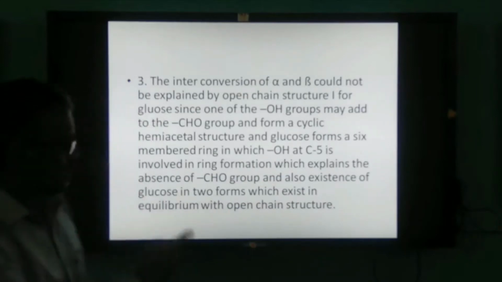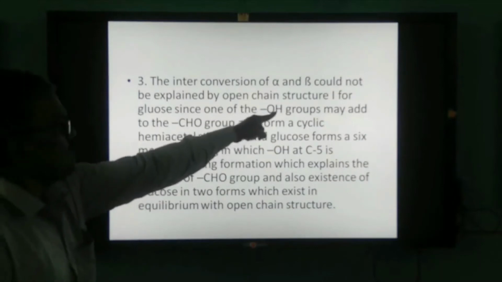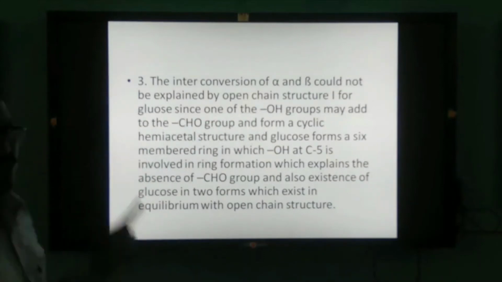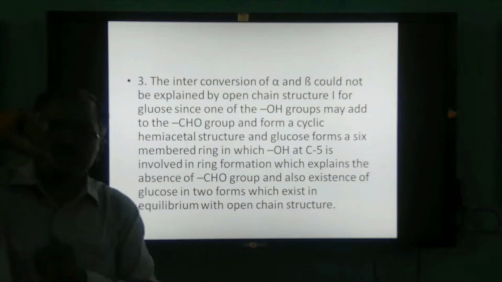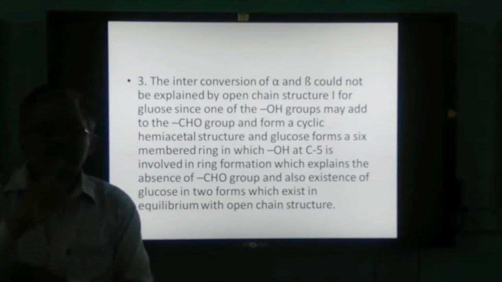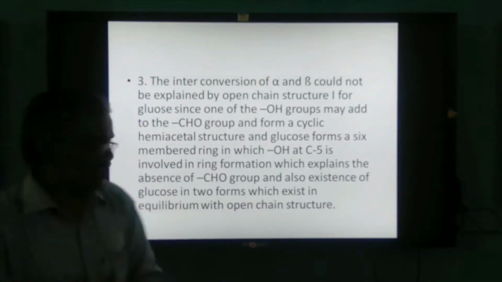That we'll see in the next slide. So the OH group may add to the CHO group. This we have studied, how an aldehyde combines with the OH group of an alcohol, forming hemiacetal.